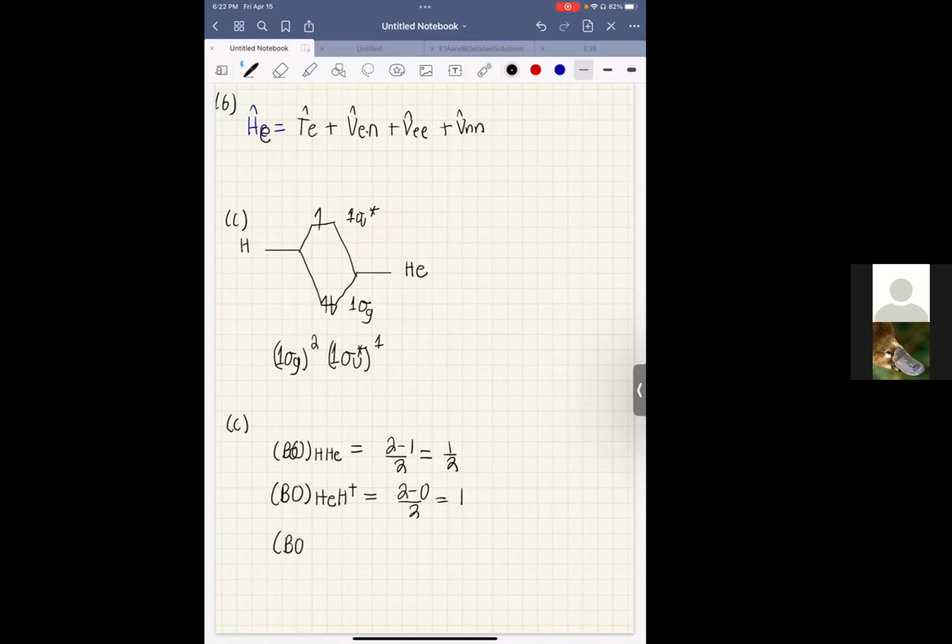And its bonding orbital would have 2 electrons now because of 1 extra electron in its bonding orbital. So it's going to be 2 minus 2 over 2, which will be 0.